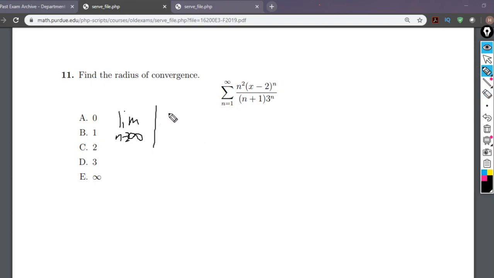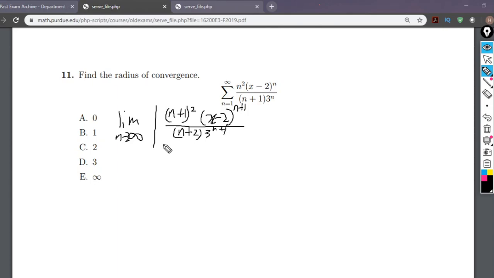So now, plug n plus 1 in for n, and we should have x minus 2 to the n plus 1 power over n plus 1 plus 1, n plus 2, times 3 to the n plus 1.